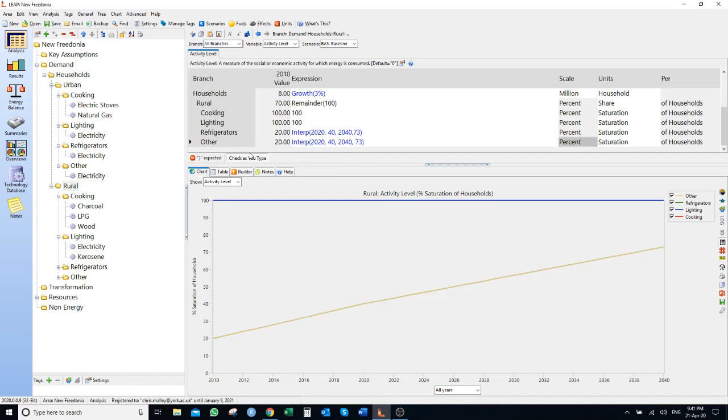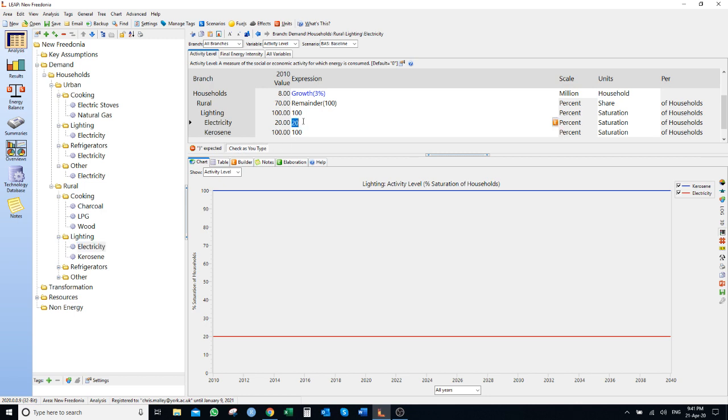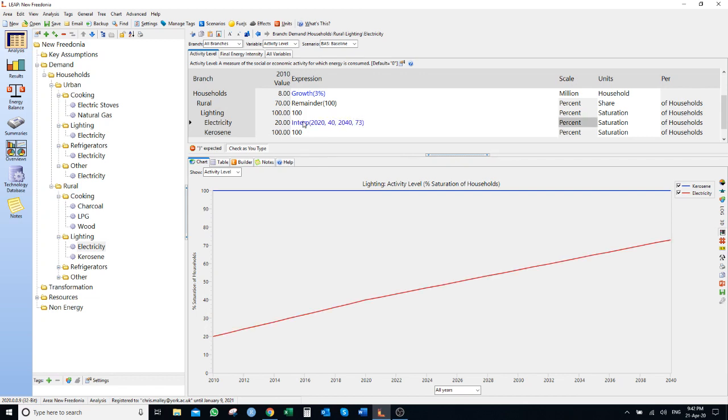And we want to enter the same expression for electric lighting. So we don't want to enter it here for lighting, we want to enter it under electric lighting, as we increase the number of households using electric lighting. And accompanying that change, that increase in electric lighting, the fraction of rural households using kerosene for lighting is expected to decline to 60% by 2040.